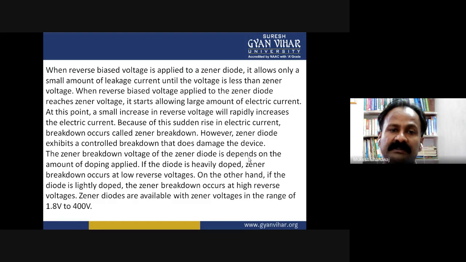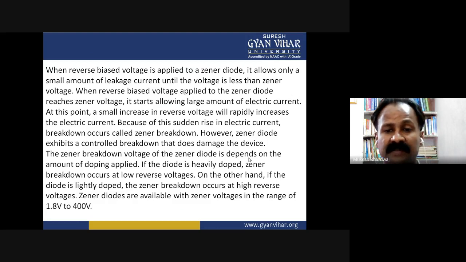At this point, a small increase in reverse voltage will rapidly increase the electric current. Because of this sudden rise in electric current, breakdown occurs, called Zener breakdown. However, a Zener diode exhibits a controlled breakdown that does not damage the device. The Zener breakdown voltage depends on the amount of doping applied.